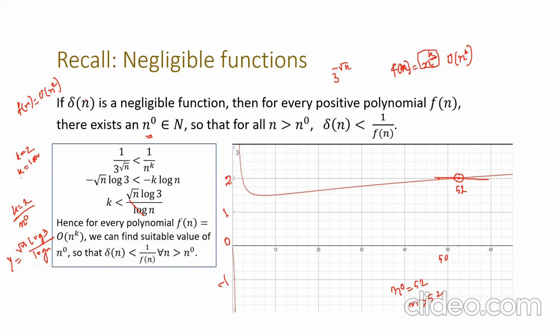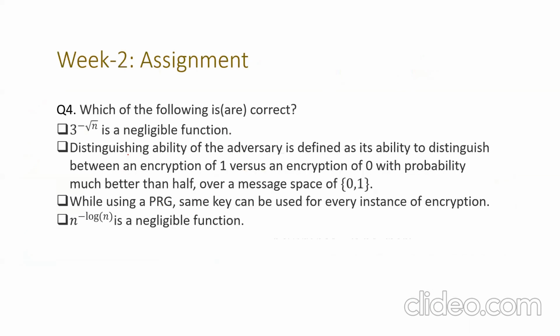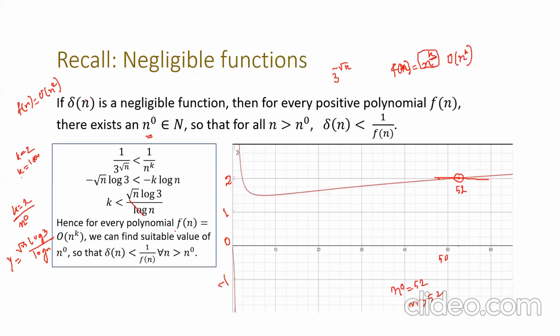That is why 3 to the power minus root n is indeed a negligible function. For the other option, the last statement, n to the power minus log n is a negligible function. Yes, this is also another negligible function, and you can show it in a similar manner.